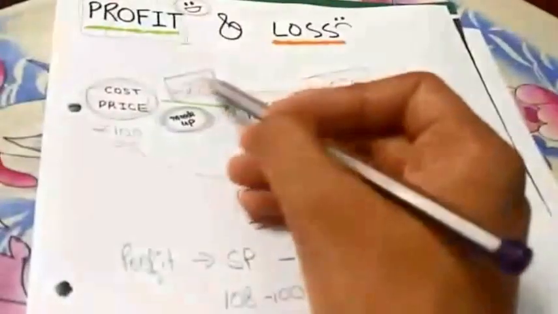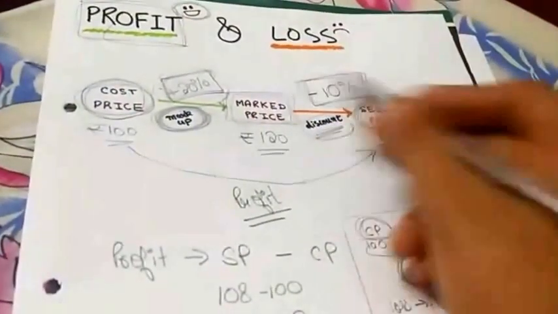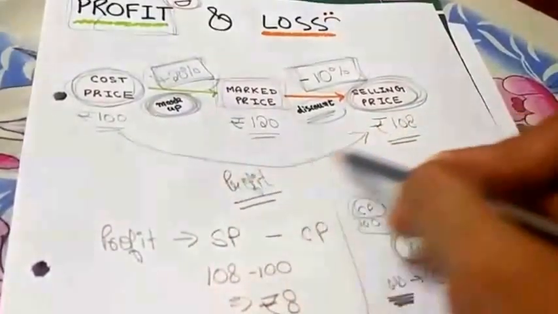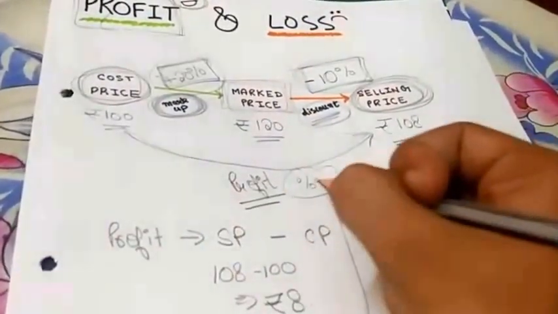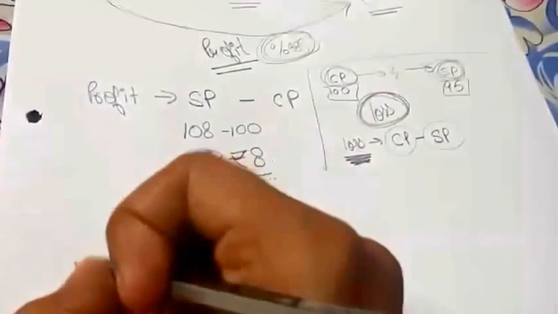And this 20% was a percentage change. This minus 10% was again a percent change. So you can say that this profit can also be expressed as a percentage change. You can calculate the profit percentage.